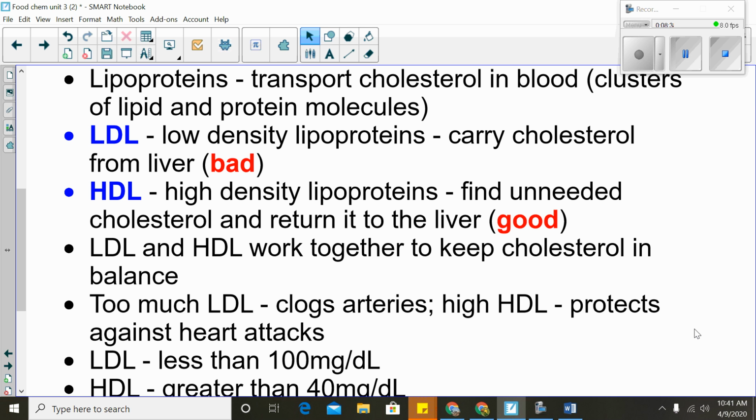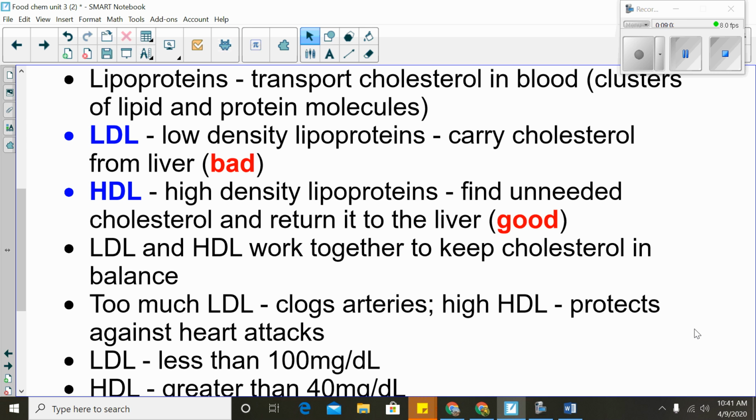Well, your body has something called lipoproteins. These transport cholesterol in the blood. They're clusters of lipids and protein molecules. So your cholesterol is moving around in your blood. If you get a cholesterol test, they'll take your blood and look for two things, your LDL and your HDL. Your LDL is the bad cholesterol. That's your low density lipoproteins.